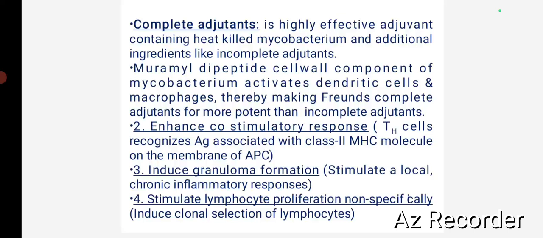These three cells are antigen presenting cells. Third one, induce granuloma formation, which stimulates a local chronic inflammatory response. Granuloma formation stimulates the inflammatory response. Fourth one, stimulate lymphocyte proliferation non-specifically.